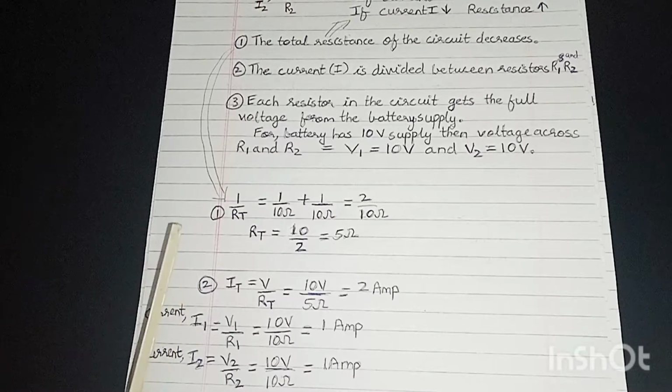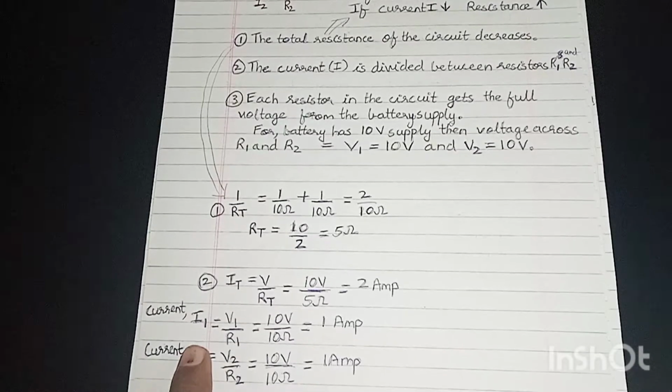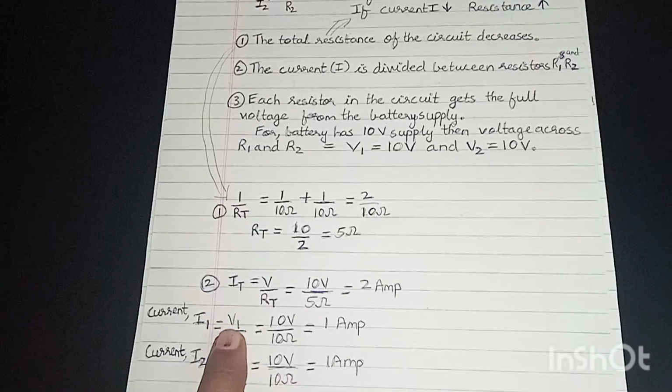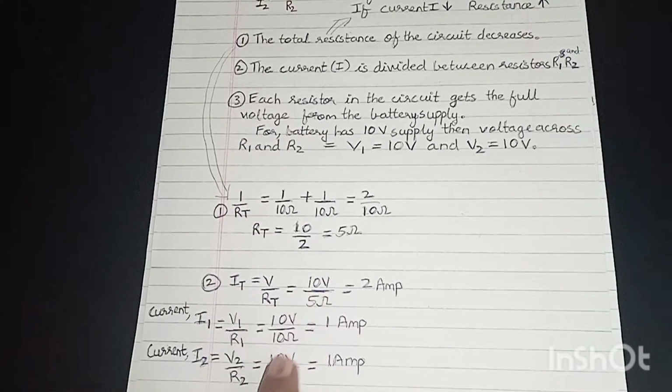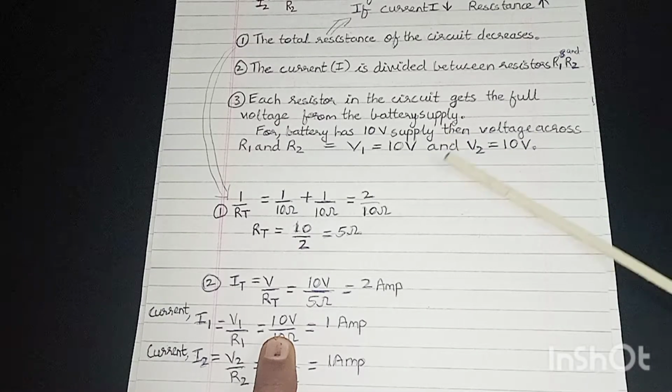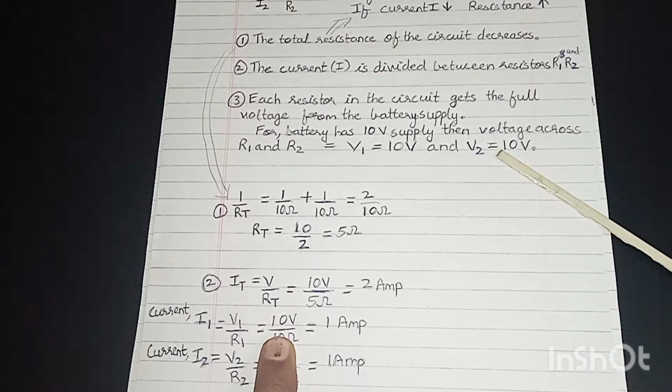So this 2 ampere current is flowing through the circuit, and when it reaches R1, what is the split? That we have to calculate. So I1 is equal to V1 divided by R1. V1 we have already got, this 10 volt. We have taken the same voltage across. So the third point we have already proved, same voltage, because V1 and V2 will have the same voltage.